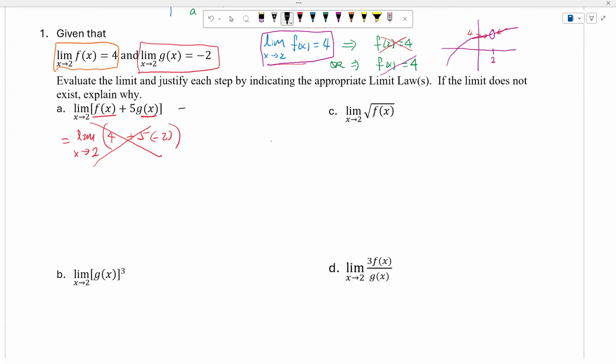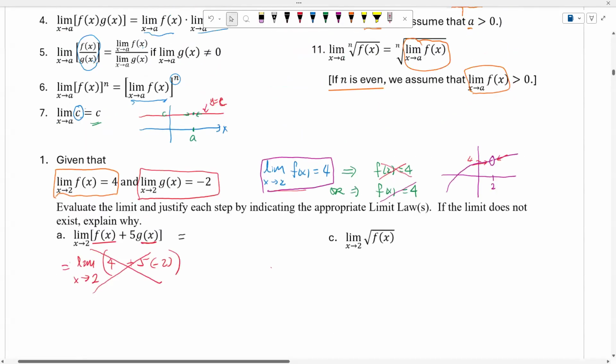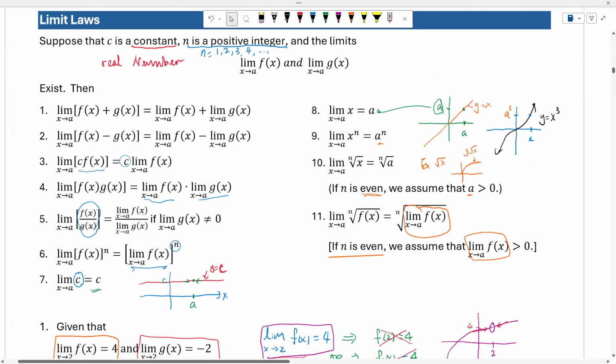So first of all, I would like to use property number 1 to separate this into the sum of two limits.